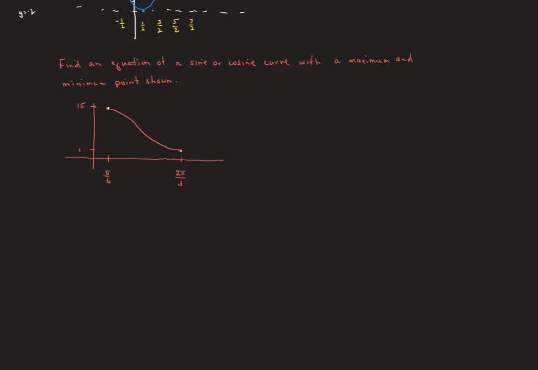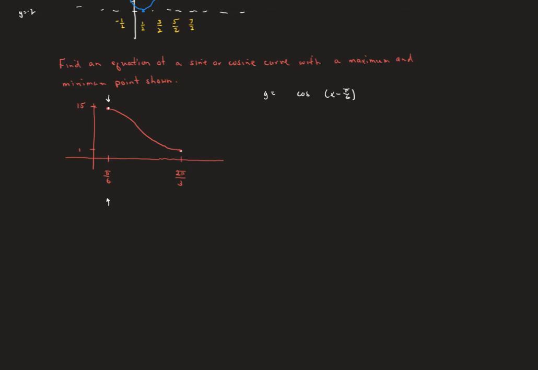So I'm going to think of it as starting here. That's going to be starting at a high point, which means we're going to be calling this a positive cosine curve. Because it is starting at pi over 6, then that means we're going to have an x minus pi over 6 to show our translation horizontally.